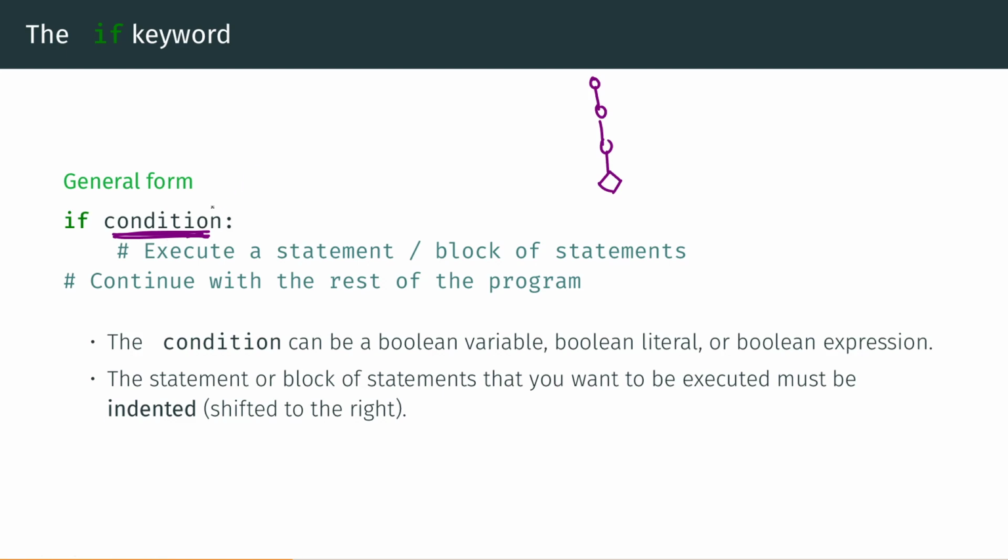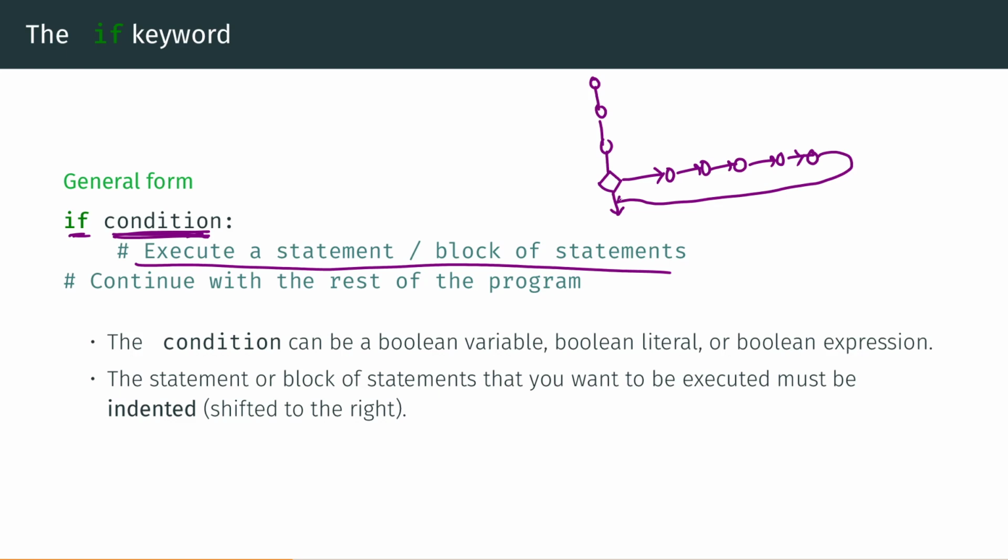Now, if that condition evaluates to true, then you execute a set of statements. You go there and execute either one statement or multiple statements. And then you come back and join, and carry on with the rest of the program.